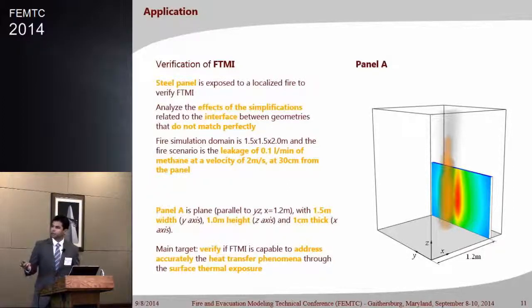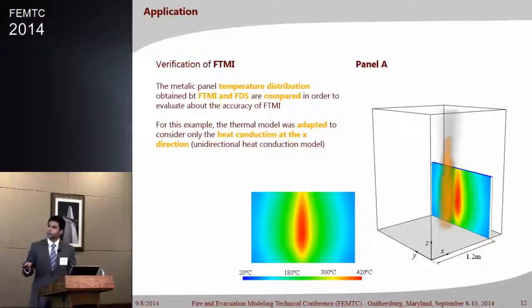This panel is parallel to the Cartesian axis, which makes it possible to use the one-dimensional conduction model inside FTS. The main target here is to verify FTMI, and we will do that by comparing the temperature distribution obtained by FTMI and FTS.